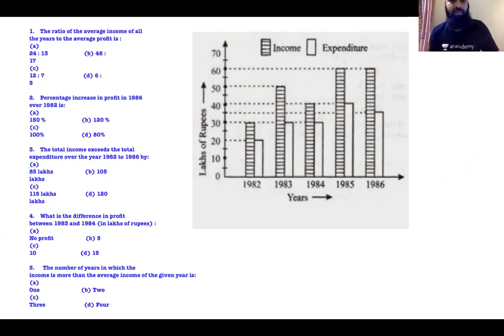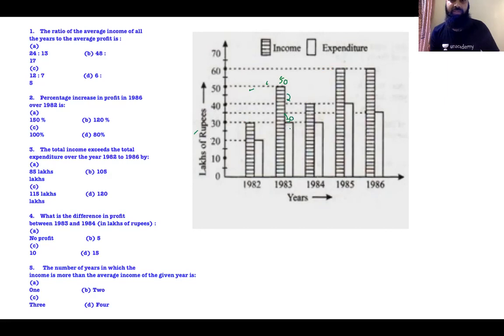What is the difference in profit between 83 and 84? 83, the profit, it will be 50. Expenditure 30.